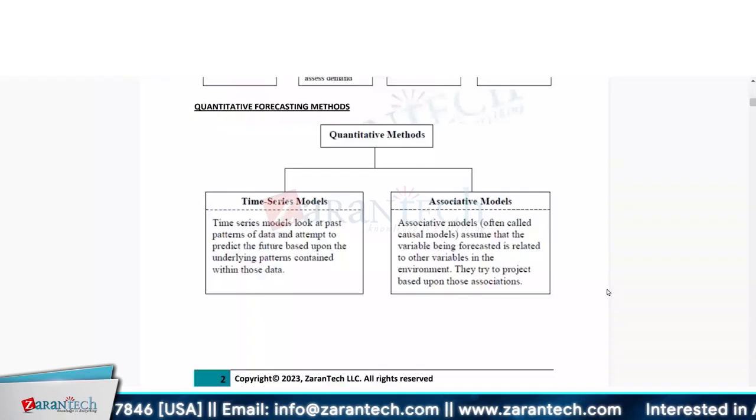Similarly, if we talk about a 3 months simple average or 3 months moving average, it basically talks about shifting the months. For the same example, if we say that for the months of April, May, June, and July we sold 200, 200, 200, okay, the forecast for the month of August would also be 200.